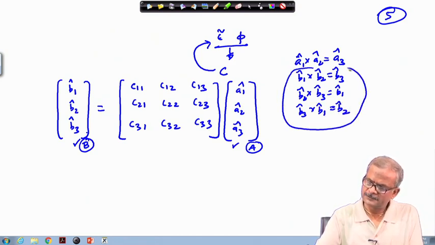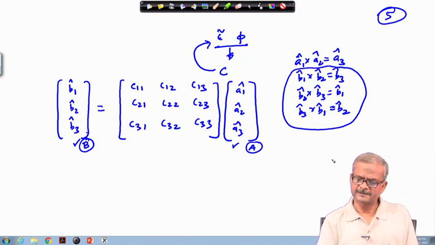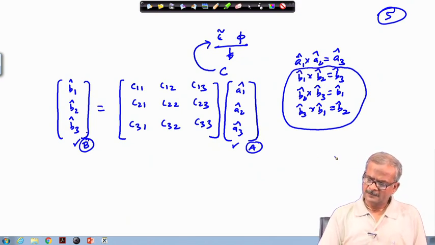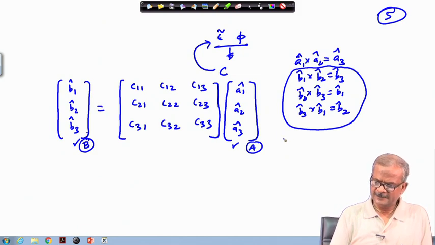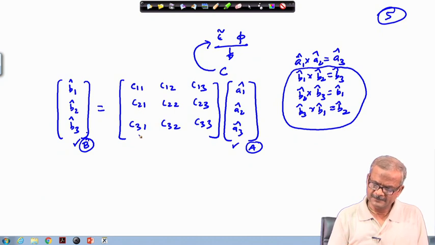We are aware of this relationship because it is a right hand triad. Okay. This can be used advantageously to ascertain some of the entries here.